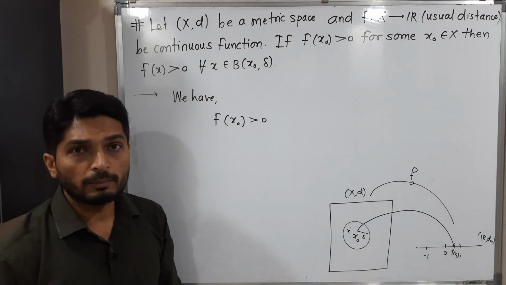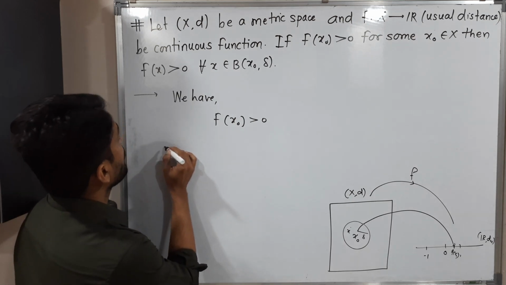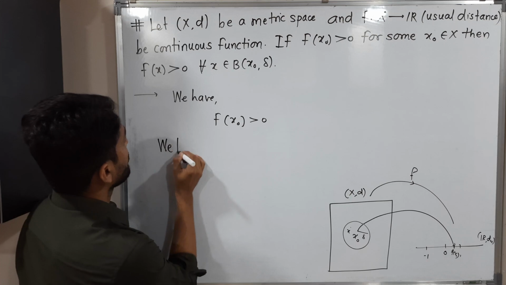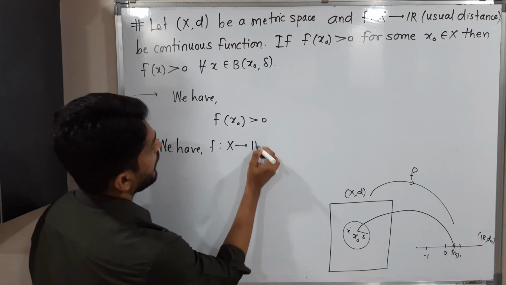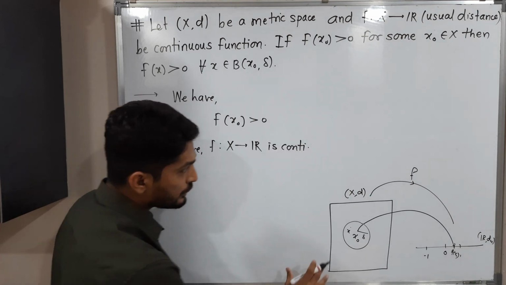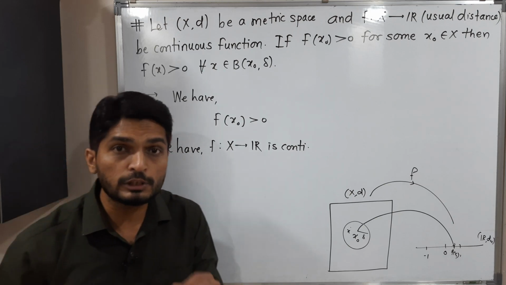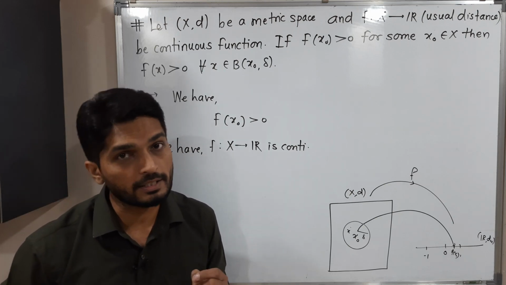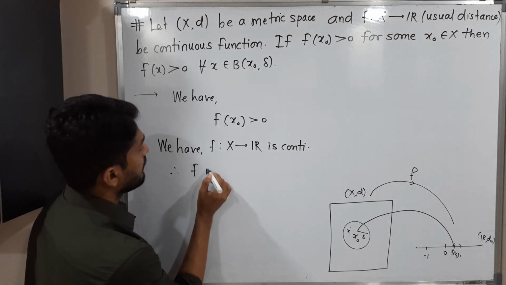The second important information is f is continuous. So the function f from X to R is continuous on X. That means it is continuous at each point of X, so therefore it is continuous at x naught also.